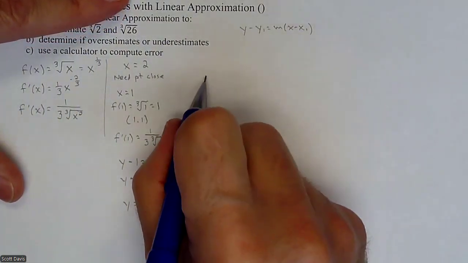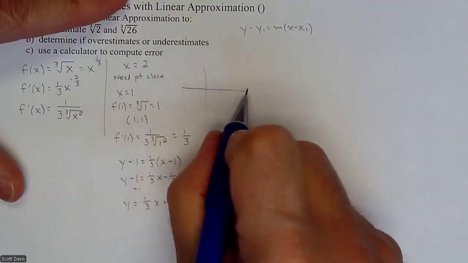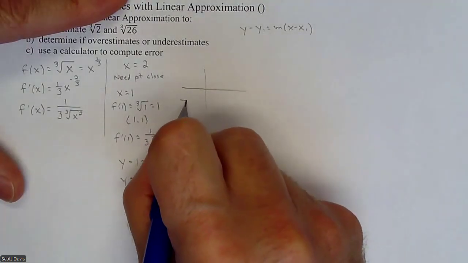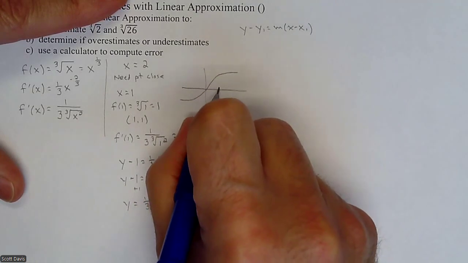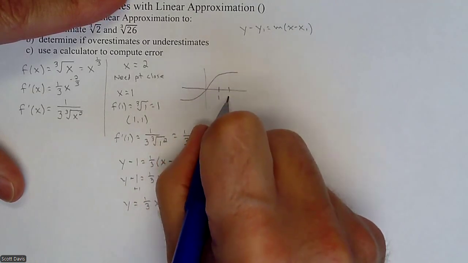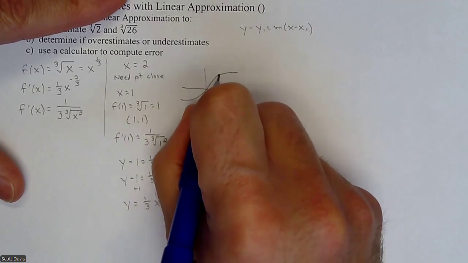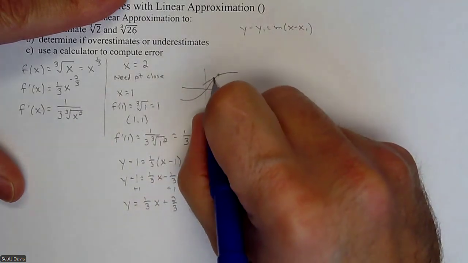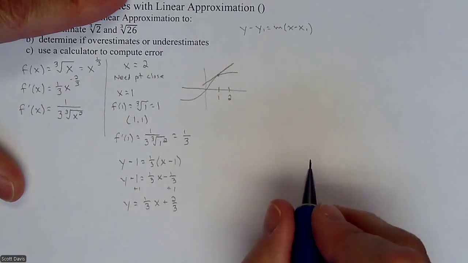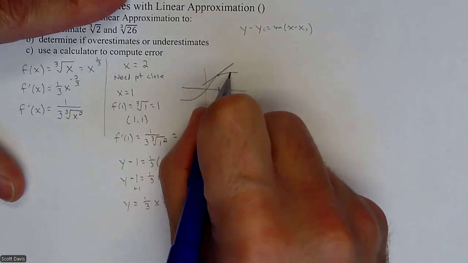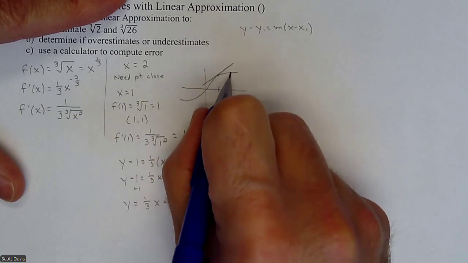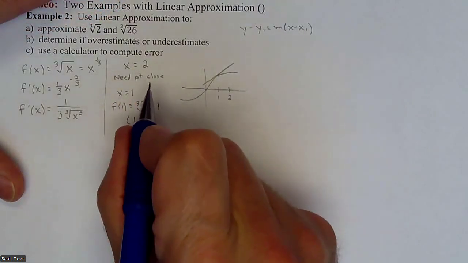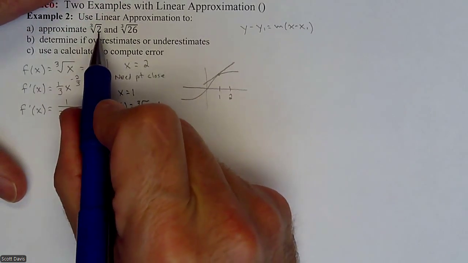So visually, here's what we got going on. Okay, a cube root graph looks something like this. Here's 1, here's 2. So if I were to do a tangent line, I would be looking at something like that. What I want to do is figure out roughly what this value is, but I don't know how to cube root this without just plugging it into a calculator.